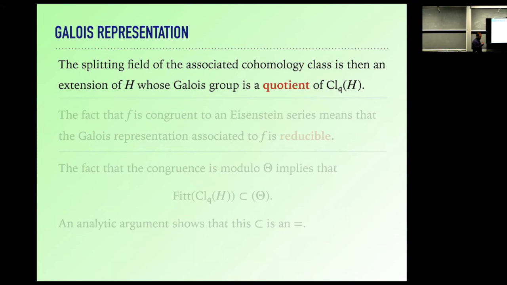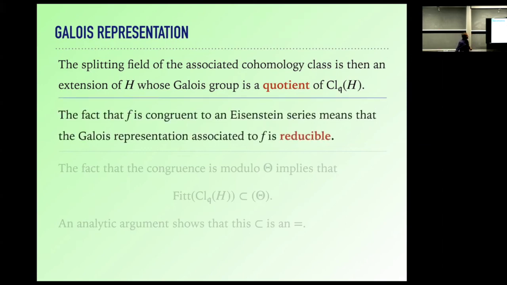A modular form that is congruent to an Eisenstein series: you look at its Galois representation, and from that you produce a cohomology class. So I'm just whirling through this cycle of ideas in Ribet's method. The splitting field of that Galois cohomology class is an extension of your field H, whose Galois group is naturally a quotient of this class group. So that's a study of some local properties.